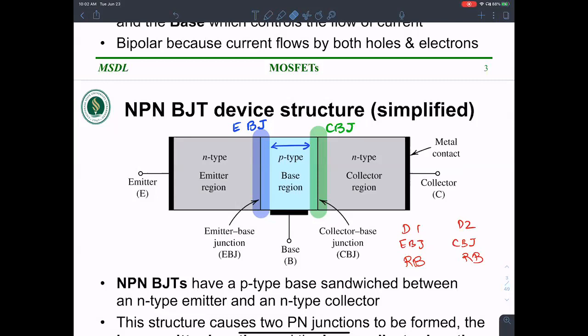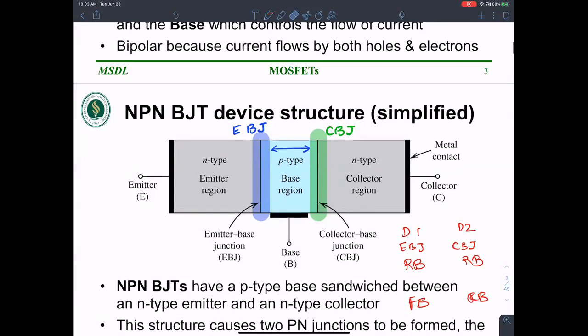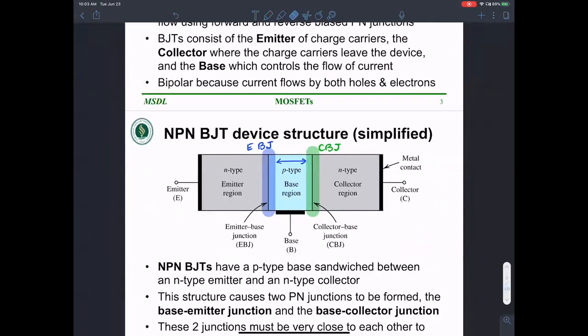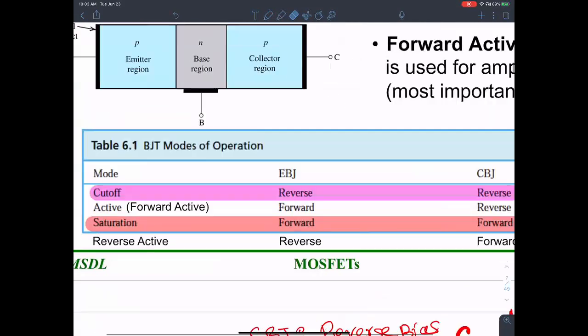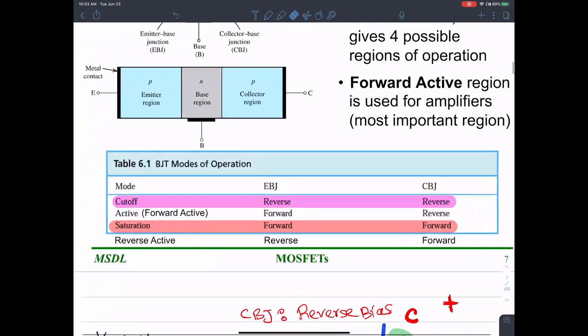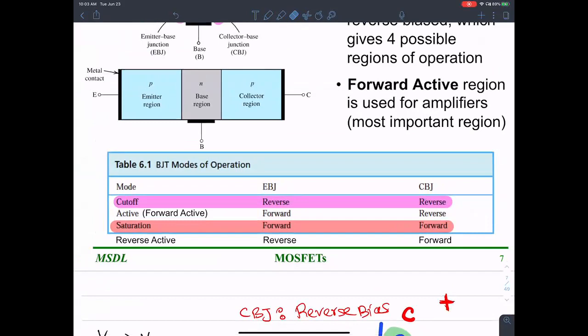If one is forward biased and the other is reverse biased, then we are in the active region, and so on. So corresponding to the four permutations that are possible, we have different regions of operation. We are in cutoff, we are in active. When both of them are forward biased, we have saturation. When the base emitter junction is reverse biased and the collector base junction is forward biased, we have a reverse active region.